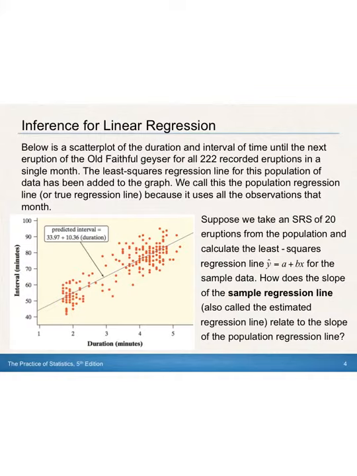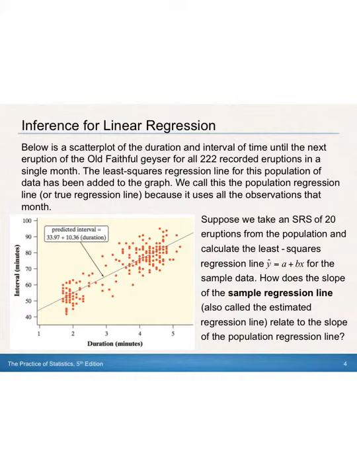This particular population is the 222 recorded eruptions in a single month of the Old Faithful geyser in Yellowstone. And the things that you're looking at are the duration of the eruptions, and as it relates to the interval of time between that eruption and its next eruption. So the regression here is the true regression line, because it's all of the observations.